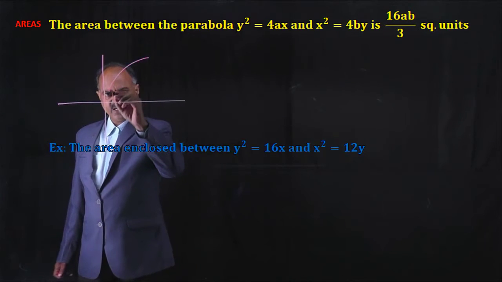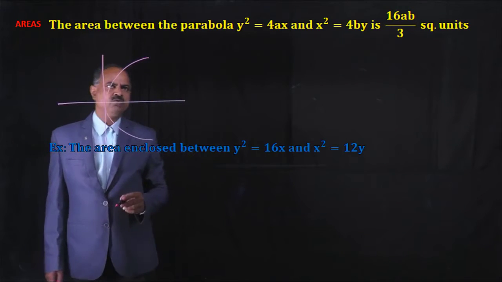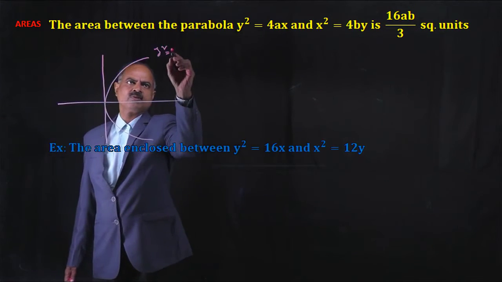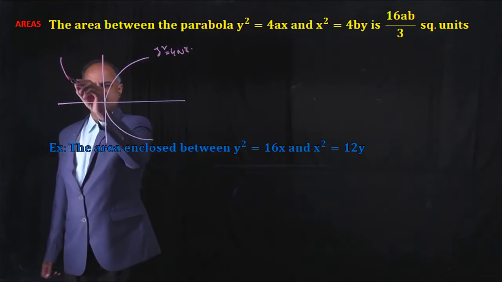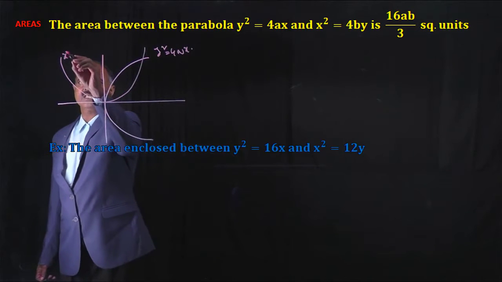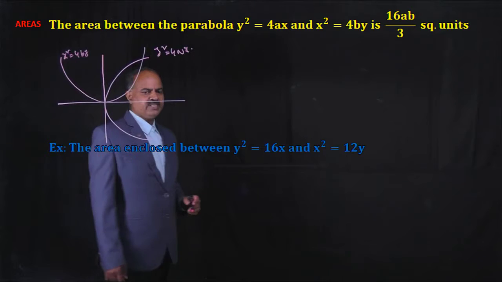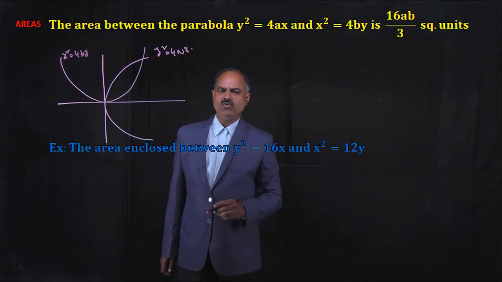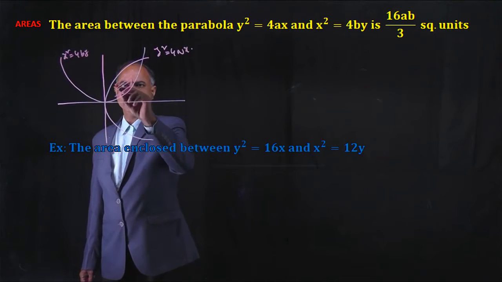This parabola is y square equal to 4ax, and this parabola is x square equal to 4by. So the area between these parabolas is the required area.